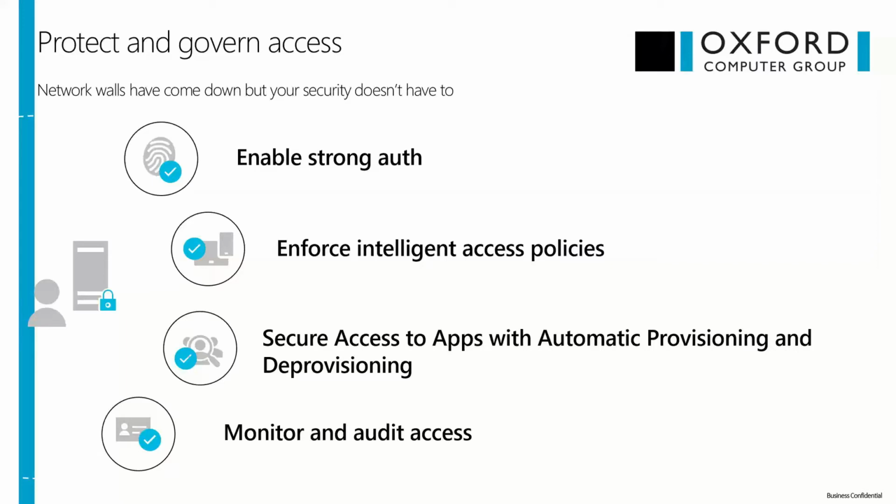Securing access to your apps with automatic provisioning and deprovisioning becomes important. This is part of identity lifecycle management: making sure you have as much automation in that lifecycle as possible to avoid human error and data entry errors. Many of the mainstream cloud-based identity provider solutions can do automated provisioning to third-party SaaS applications through common protocols like SCIM.